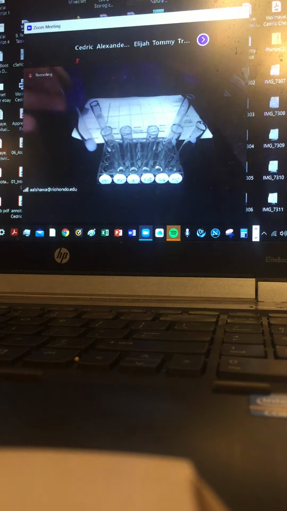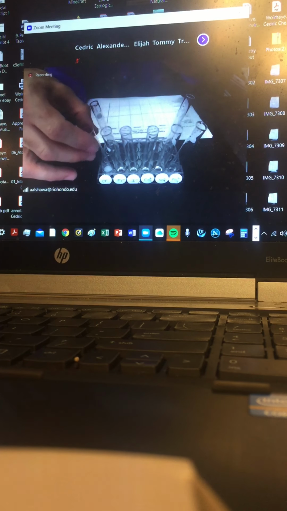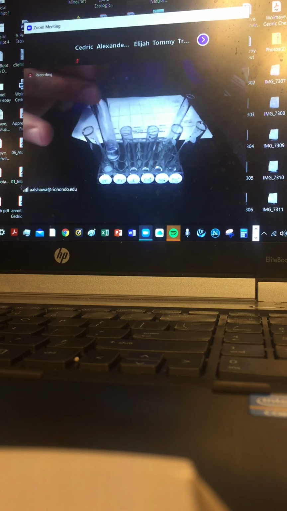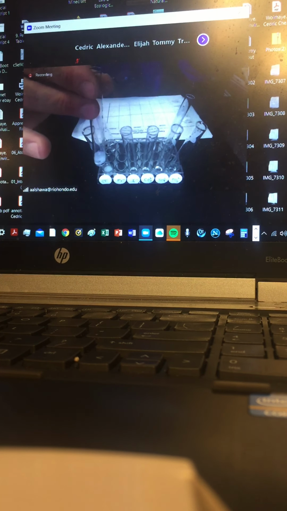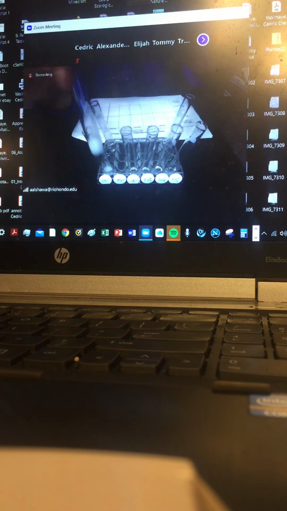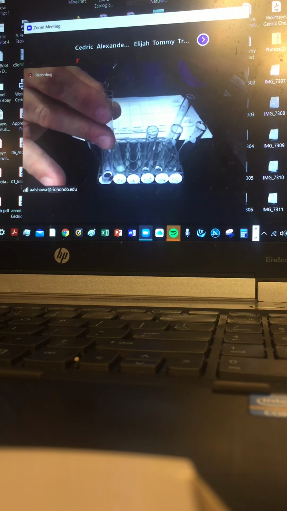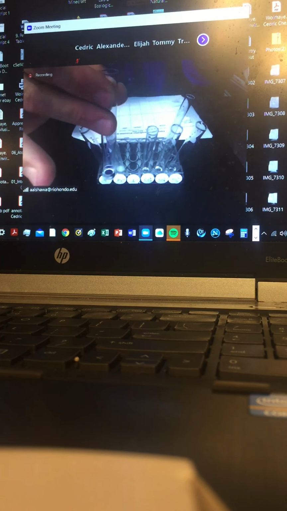So this is the first, the chloride ion mixed with silver nitrate. So here's a bromide with silver nitrate. Okay, so pretty much kind of a similar result. And here's a few drops of iodide.